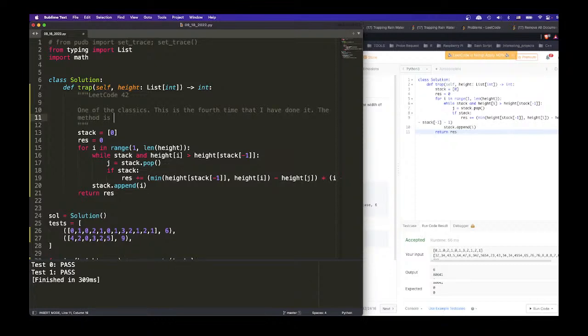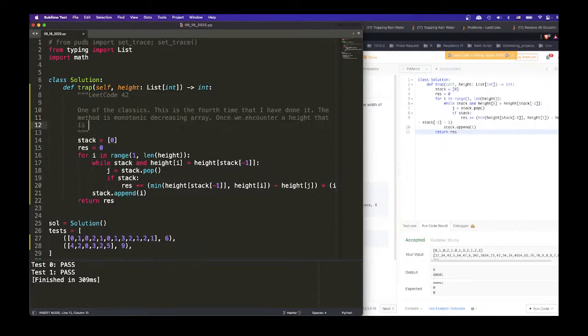The method is a monotonic decreasing array. And once we encounter a height that is larger than the top of the stack, right?